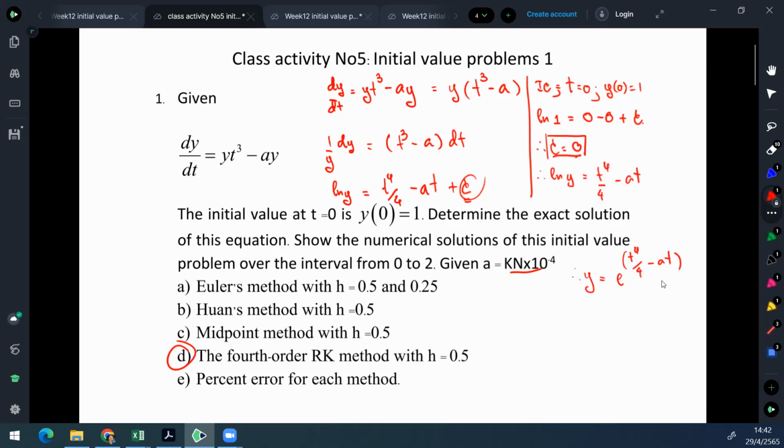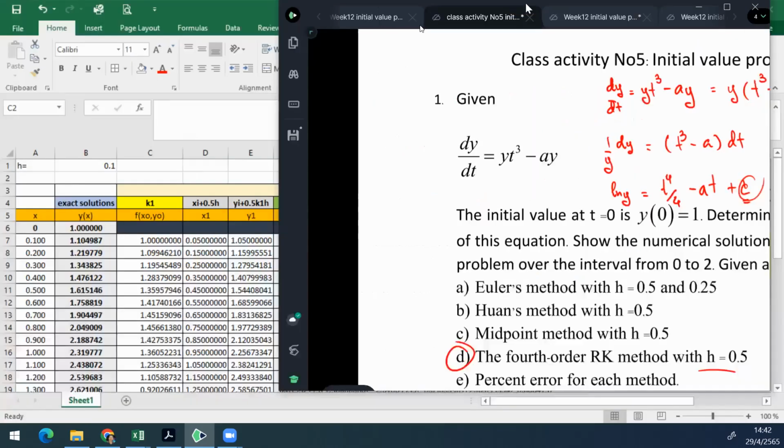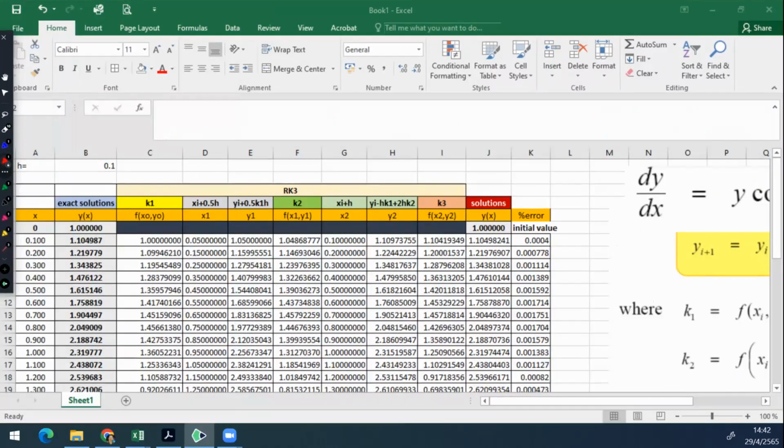We are working with the fourth order Runge-Kutta method. For this case, we will work with our Excel sheet.